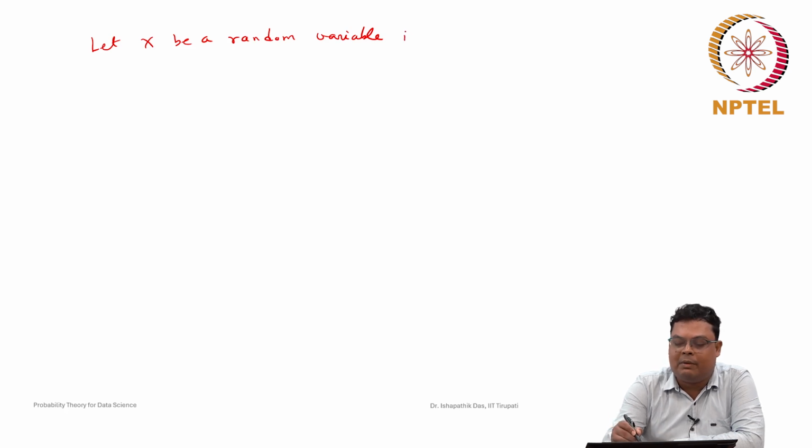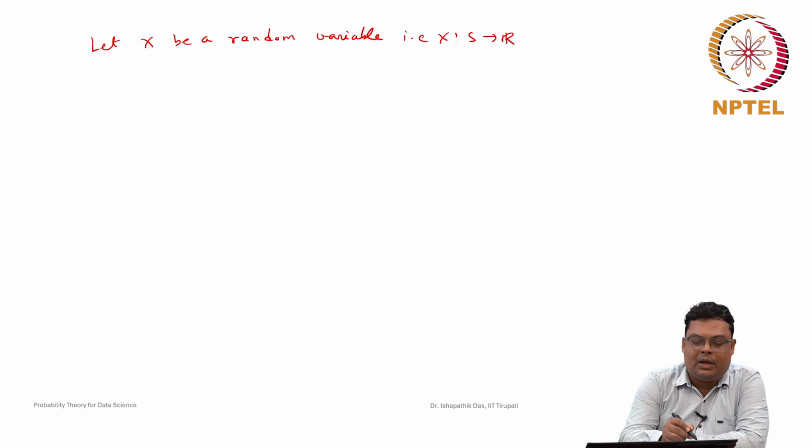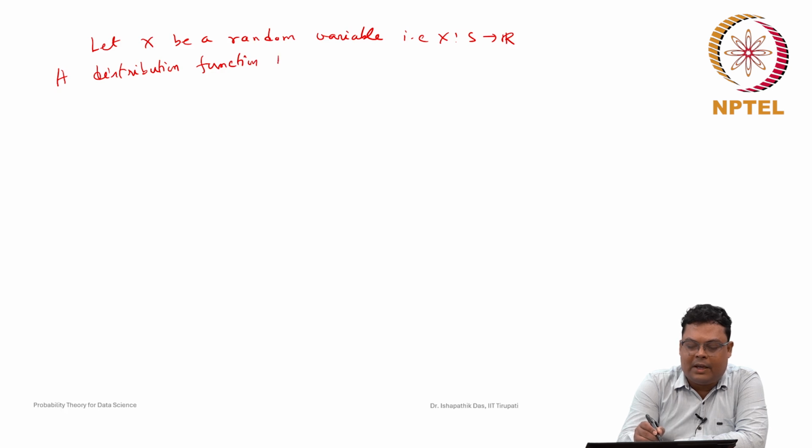That means it is a measurable function from S to R, where S is the sample space associated with the random phenomena. For a random variable X, the distribution function is denoted by F of x.